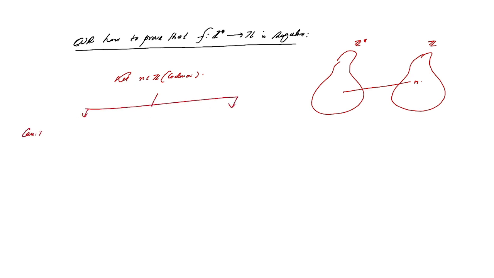Case 1: n may be even, a positive integer or a negative integer.